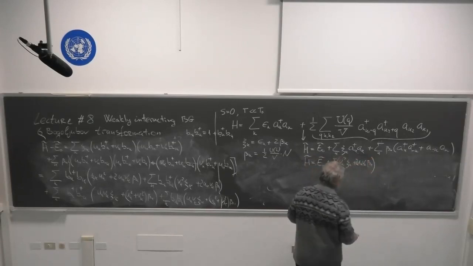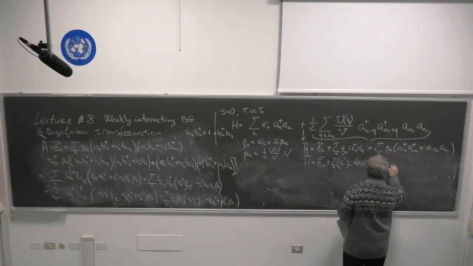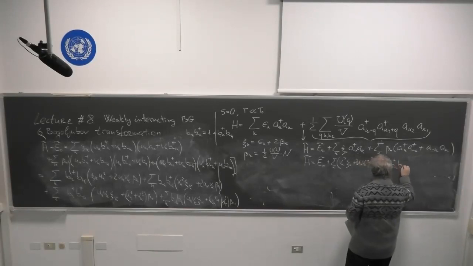So this is a constant. Plus sum over K, BK dagger BK.